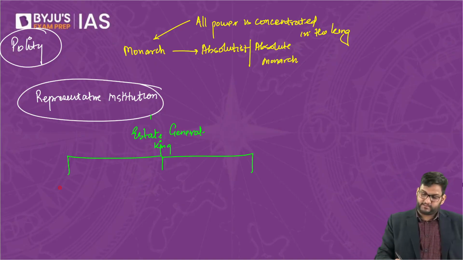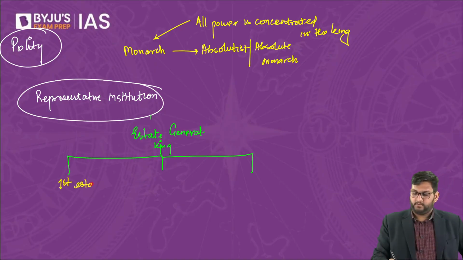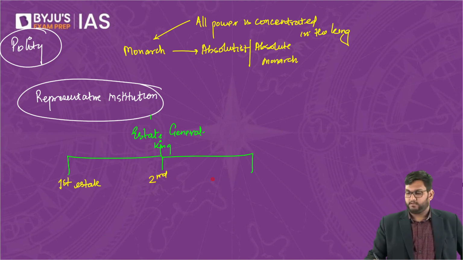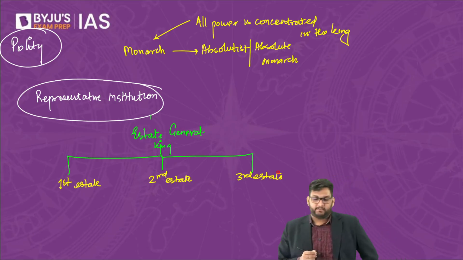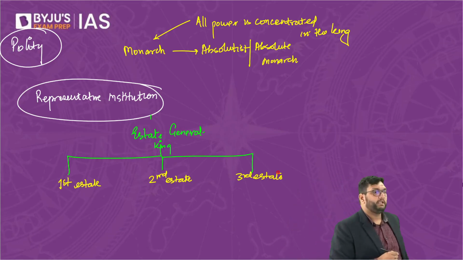The first estate, the second estate, and the third estate used to meet together.